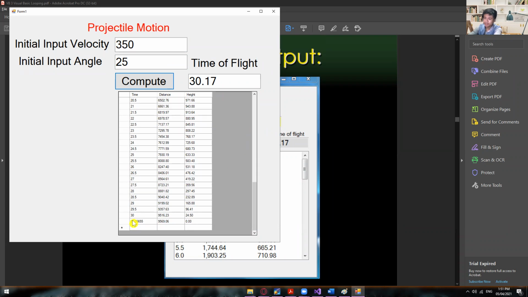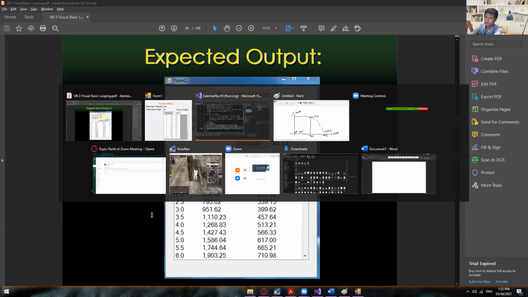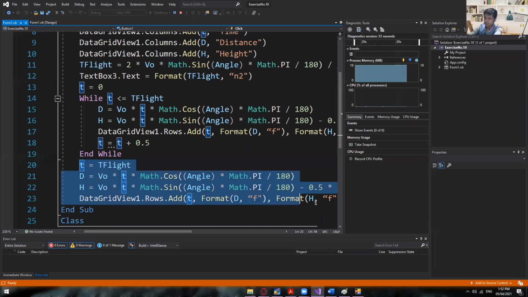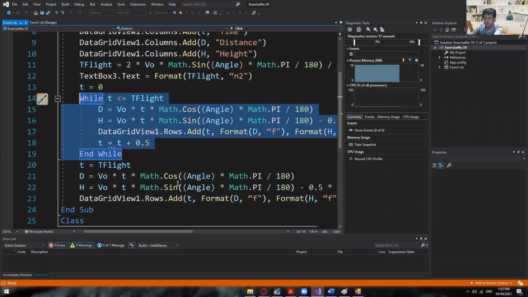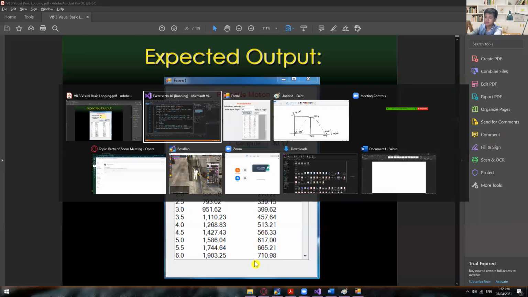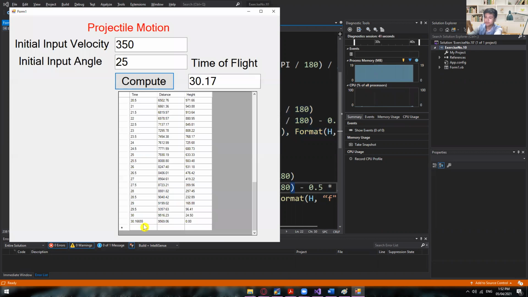However, 30 plus 0.5 will not be shown here anymore since it wasn't able to reach 30.5. So we have to make another computation, outside of the while structure, for us to be able to solve the 30 point something. And then the zero distance or height.